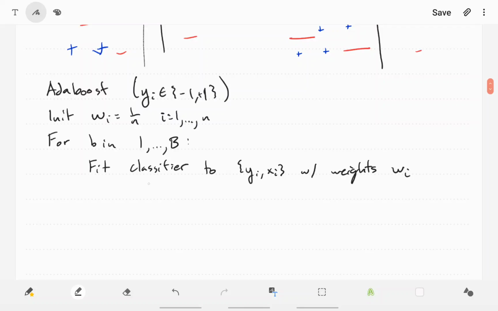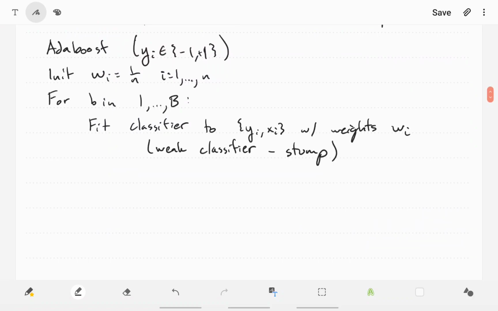Typically we choose something called a weak learner or weak classifier, such as stumps, which are low depth decision trees. And this produces our f hat b, our predict method.